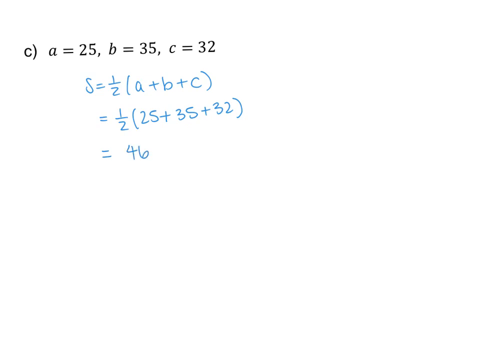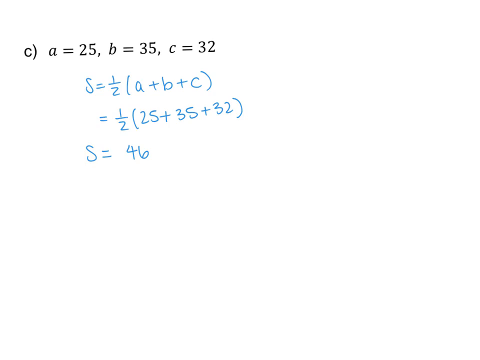Like I said before in the other video, when you're typing a half in the calculator, just do 0.5 and then multiply it by this here. So what I did was add these numbers up and then multiply by a half, and that's how I got 46. Once you get your semi-perimeter, you're going to need to use this number in the area formula.